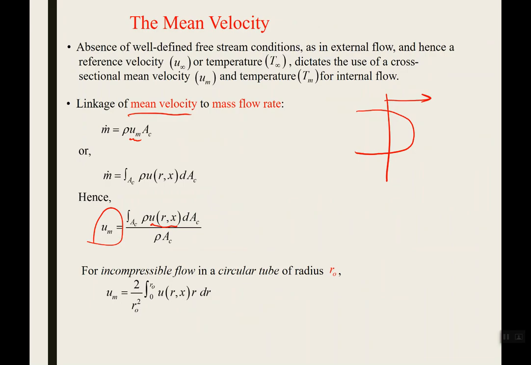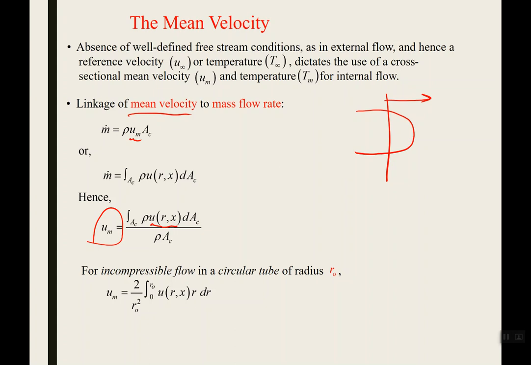Okay, so we talked about something called the mean velocity, and we also talked about a mean temperature. So even after the flow becomes fully developed, there is still a velocity profile where the velocity changes as a function of radius if it's a circular pipe, and there would also be a temperature profile.